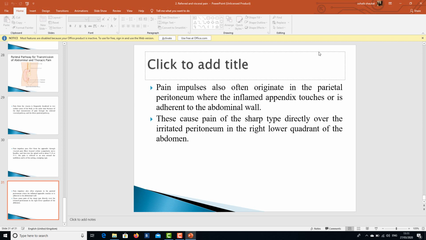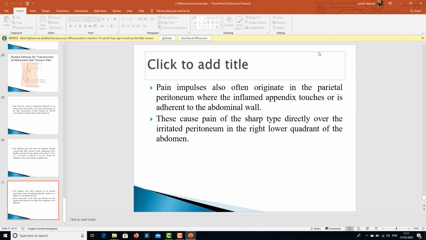These two augment one another and make the person realize that something wrong has happened and he or she should immediately go to the hospital. So this is how we can say that pain is a protective mechanism. It is protecting a person from some harmful insult to the tissue inside or outside our body.